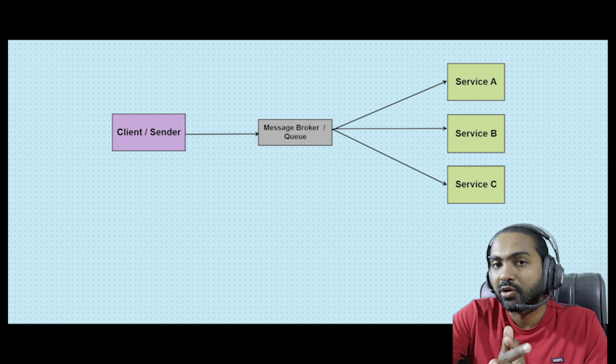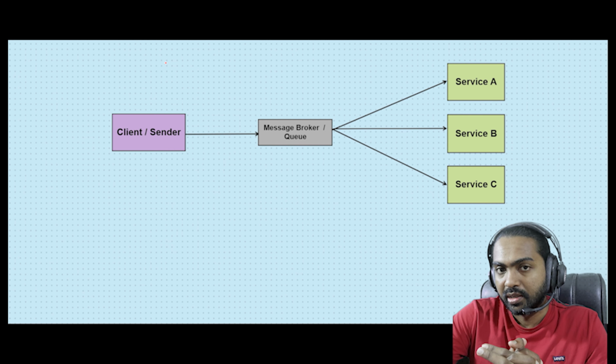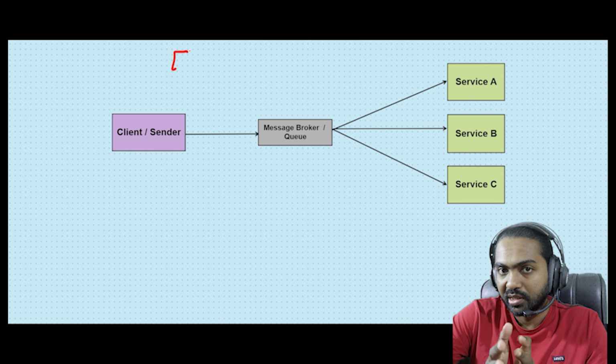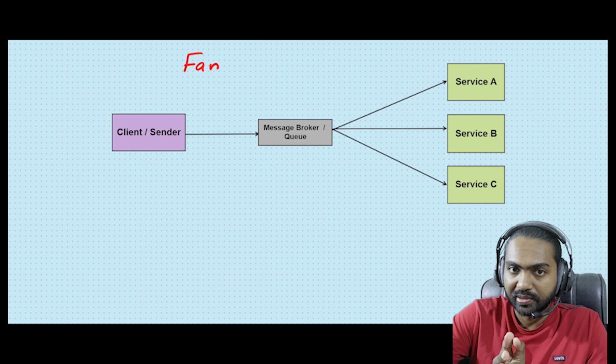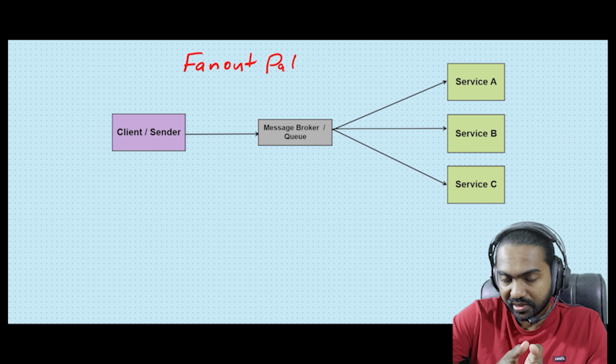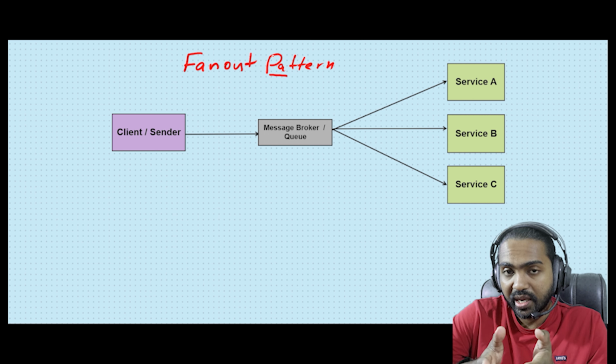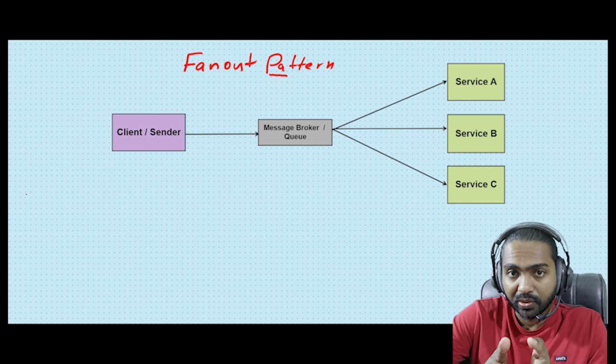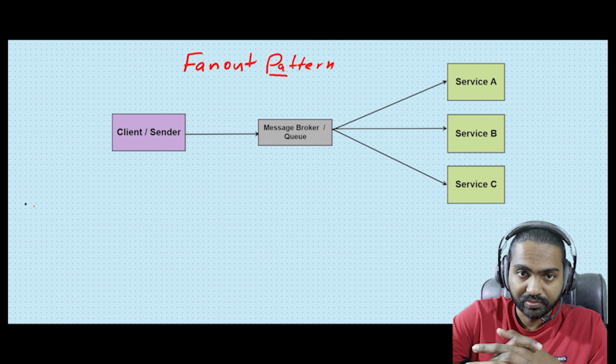Okay, let's move to the fan out pattern. This pattern is also quite similar to the competing workers pattern, but in this pattern, more than one message receiver type or service exists.